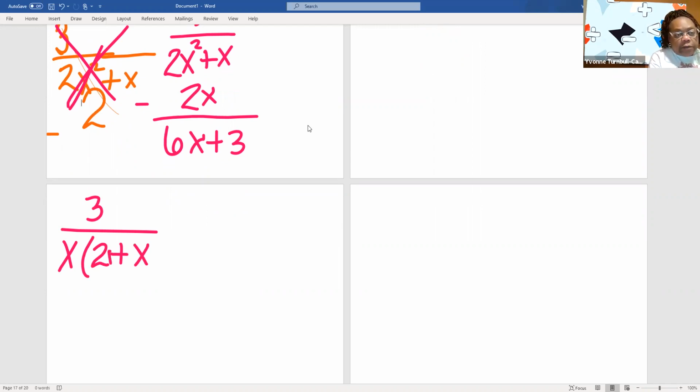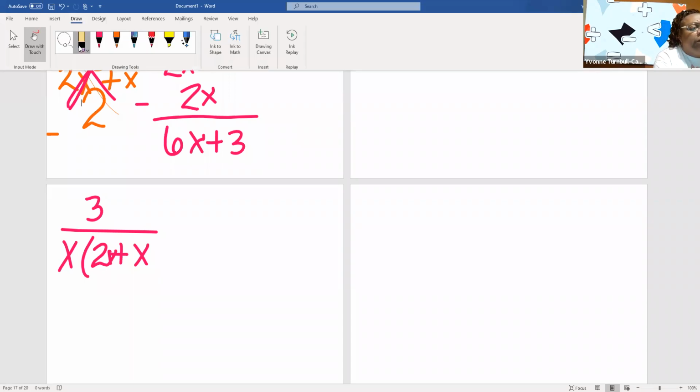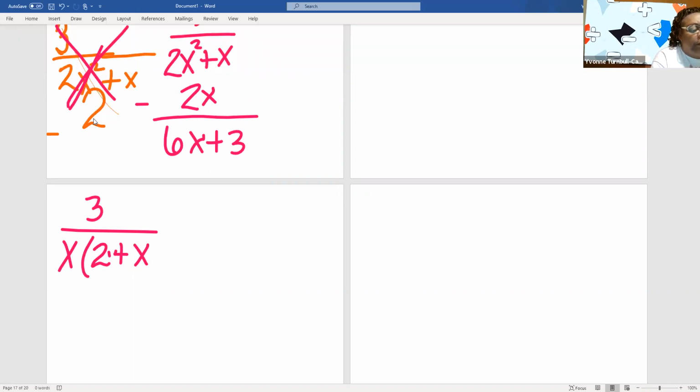Got my x right here. Oh my goodness, come on, eraser, work with Miss Campbell. Why won't you erase? I don't understand. Okay, thank you.